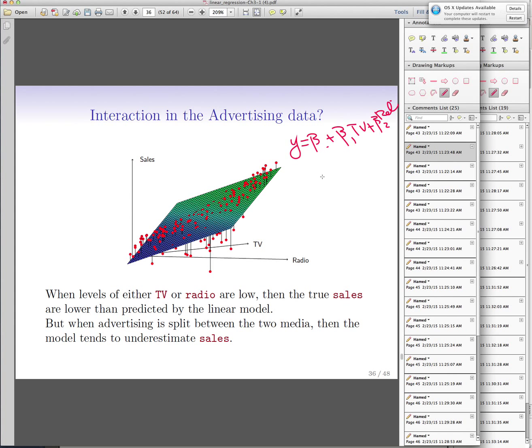So what we see here is that, closer here and closer there, when we are on this diagonal part, what we predict, which is on this surface, is usually way different from what actually happened. So here we observe more sales than what we predict, and here as well.